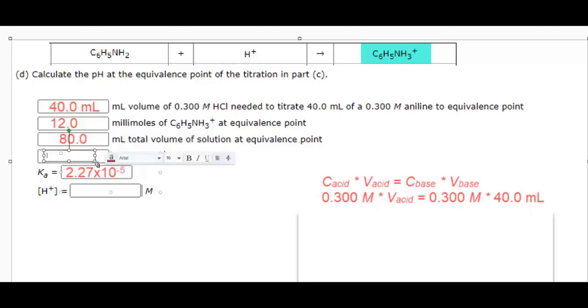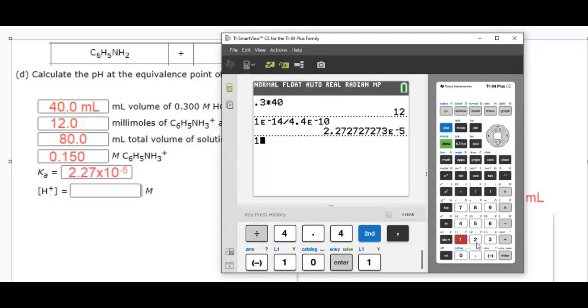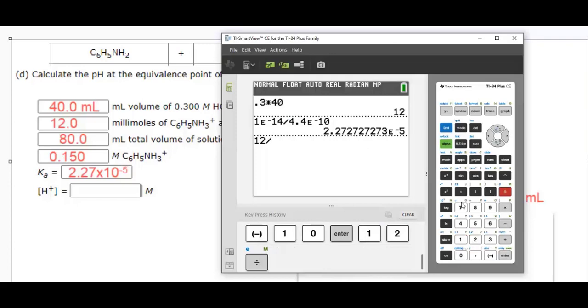We can just say that's going to be half that because basically we've diluted it, so 0.15 molar acid. Or you could have done it by calculating: I've got 12 millimoles. In fact, let me get back to my calculator again. 12 millimoles divided by 80 milliliters will give us molar concentration. Indeed, 0.15 molar, exactly what you expect.